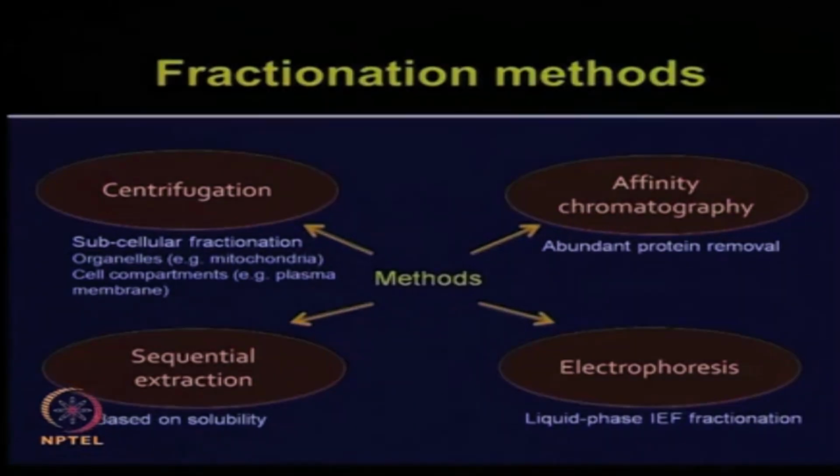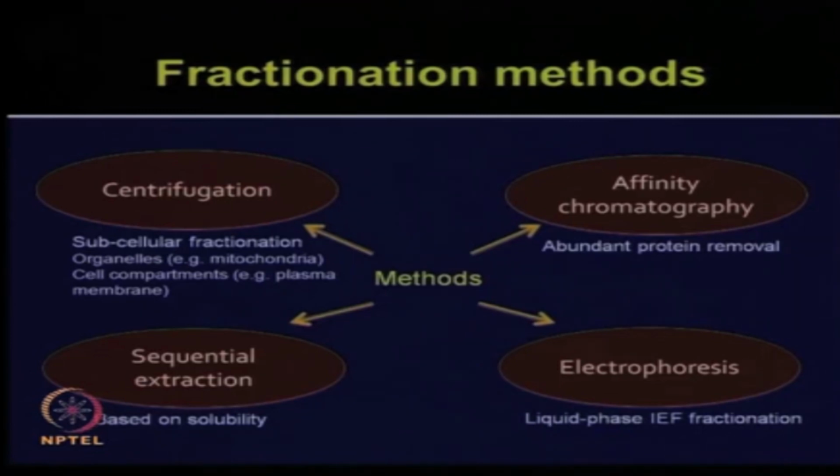If you are interested in serum proteins, but certain proteins such as serum albumin are highly abundant, then by using affinity chromatography one can remove those highly abundant proteins, so that all the proteins in the mixture can be well resolved.